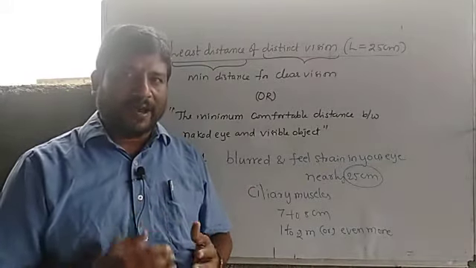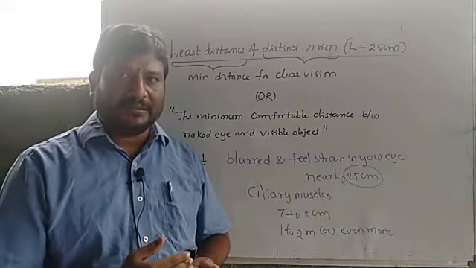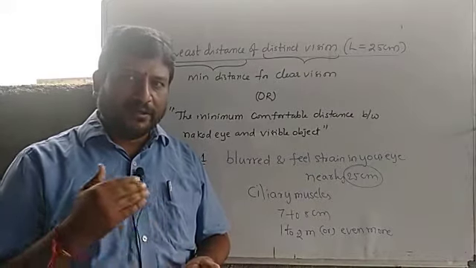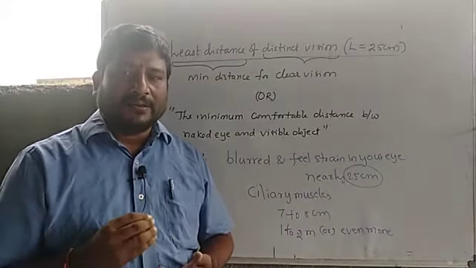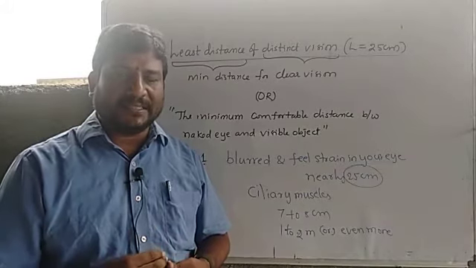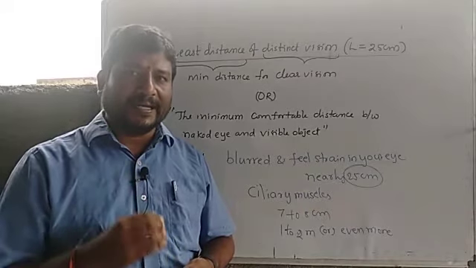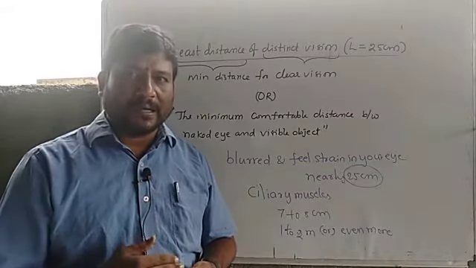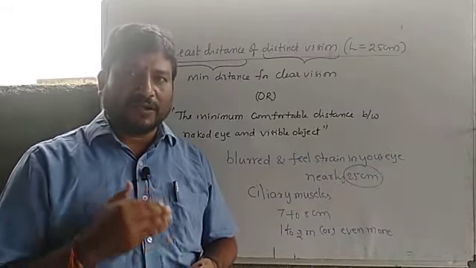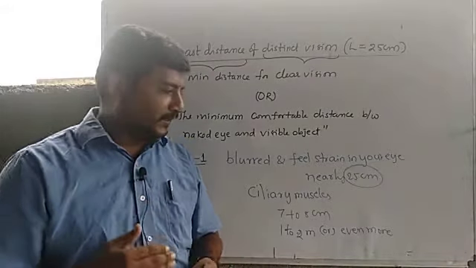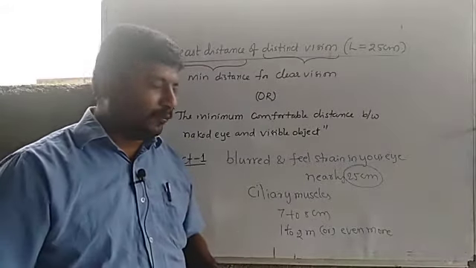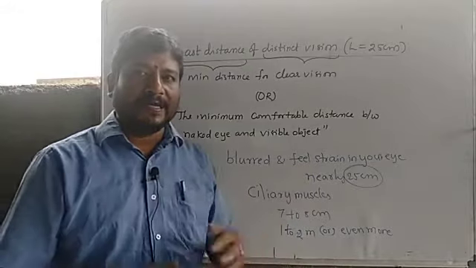This value varies from person to person with age. For children, say less than 10 years, their eye muscles, that is ciliary muscles, are strong and flexible. They can sustain more strain, so the least distance of distinct vision for children less than 10 years shifts to a smaller value, that is 7 to 8 centimeters.